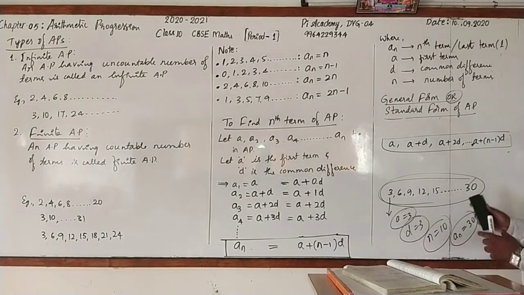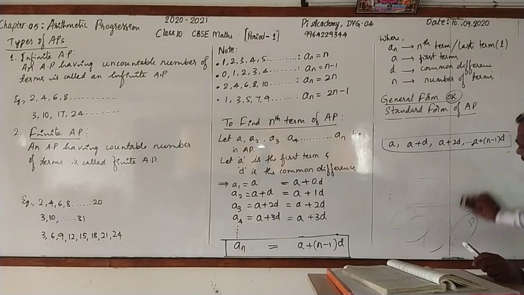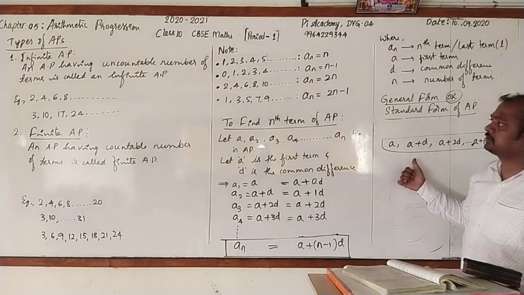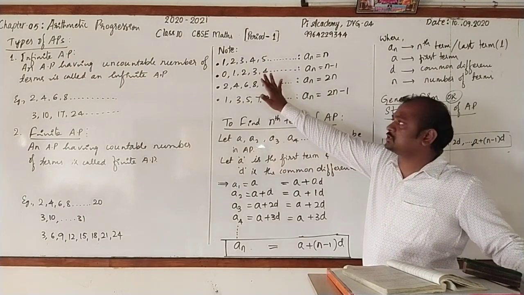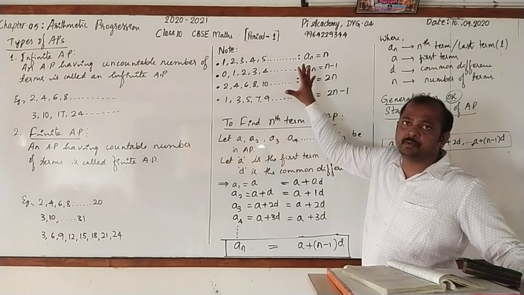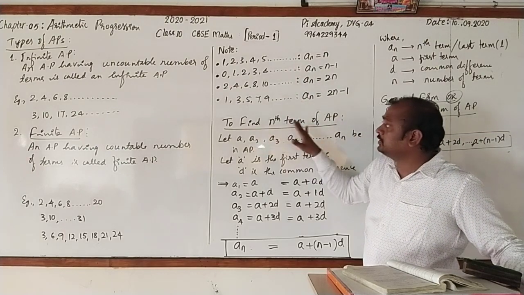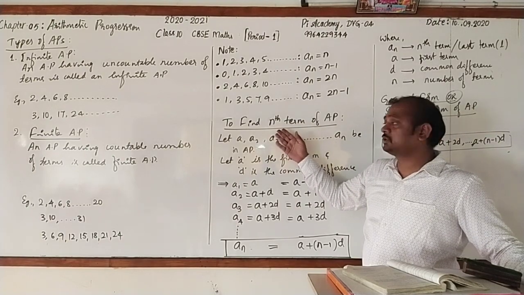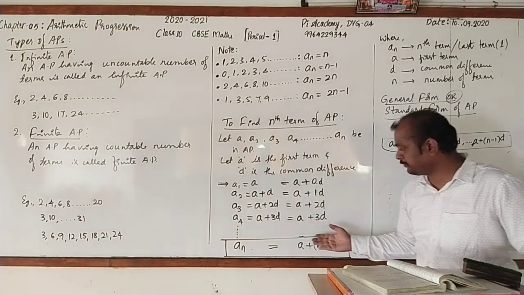Yes. Now, you are going to copy from here to here. Copy that clearly. First, the nth term of a list of numbers which are in AP, the general term of AP, has been found out.